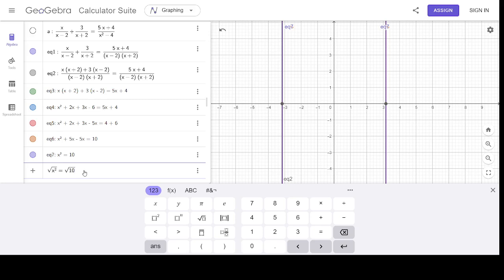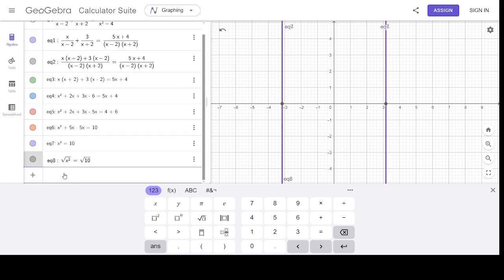Now the square root of x squared is x, so x is equal to plus or minus the square root of 10. Let me write it in a long format.